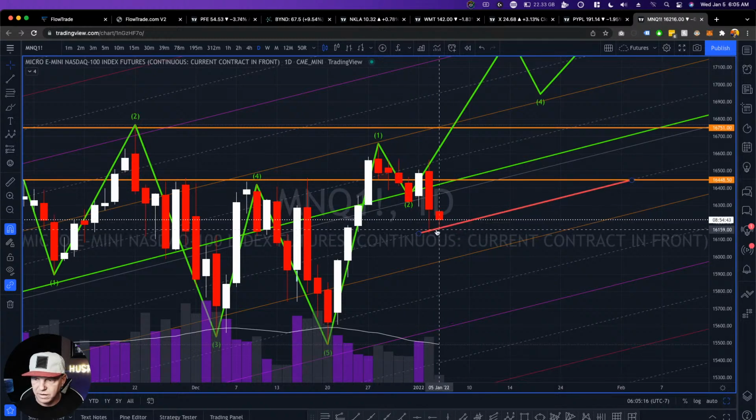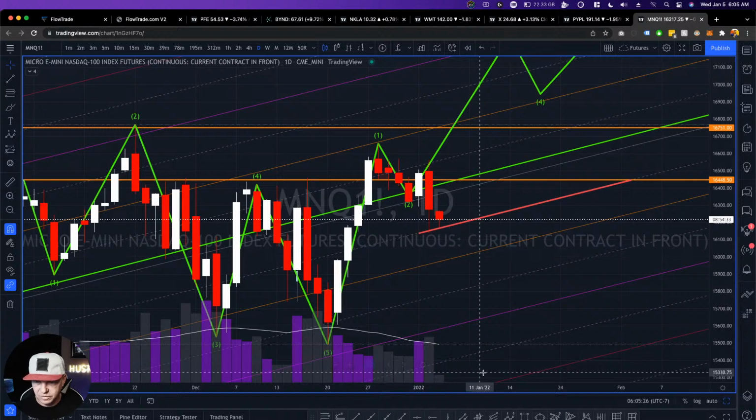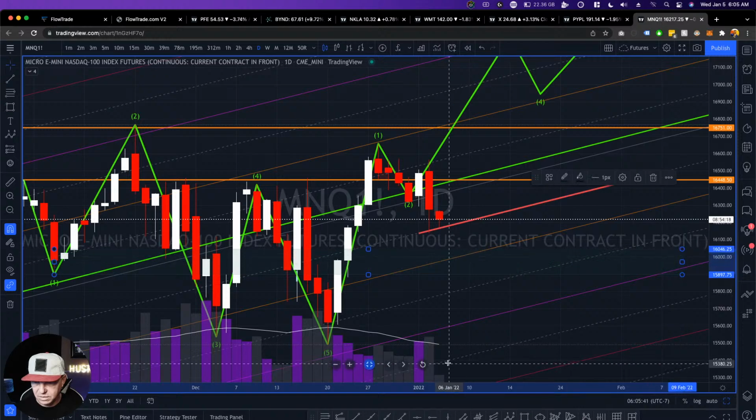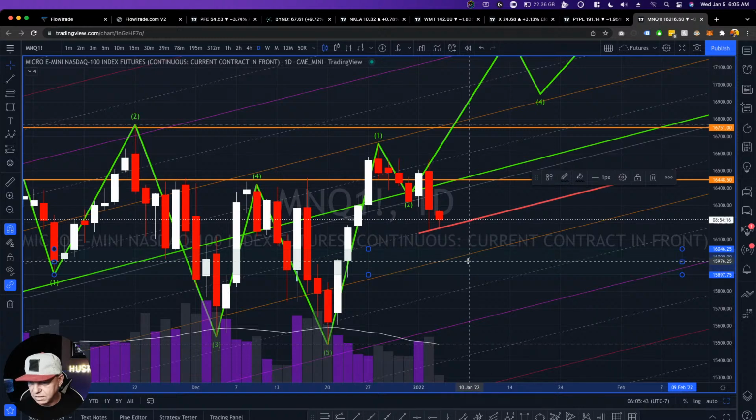Contrarian, if we break this trend line support and we start coming down, we really have to take a look at some of these previous lows that we've hit before. There's a supply zone down here.